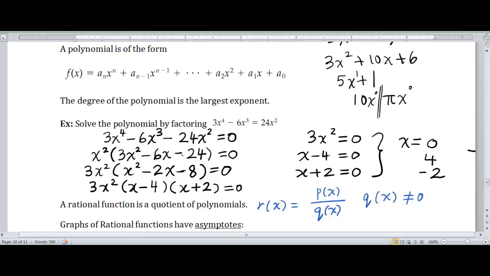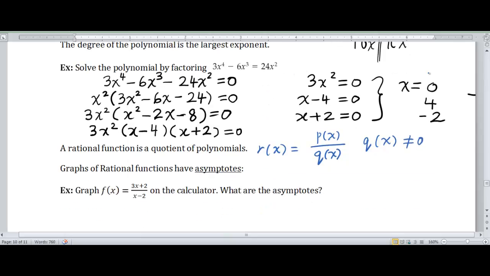That is a rational function. Graphs of rational functions have asymptotes. What are asymptotes? They are lines the graph approaches. They can be vertical or horizontal. So lines that the graph, or the function, approaches but doesn't reach.